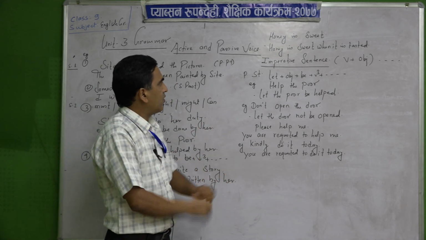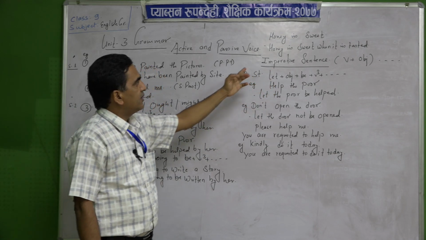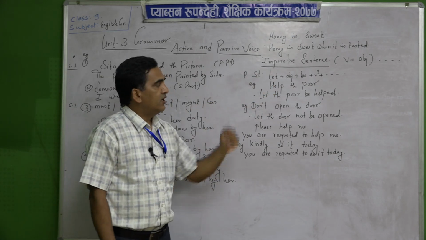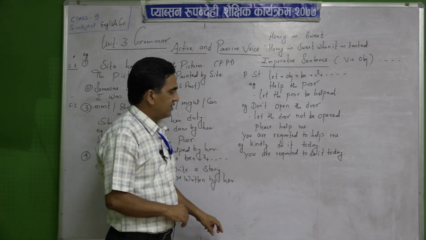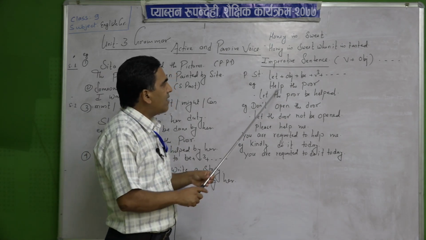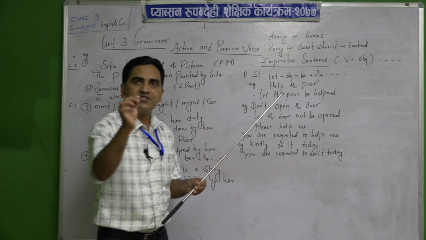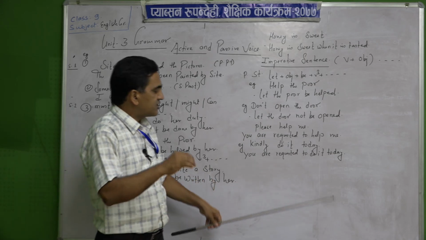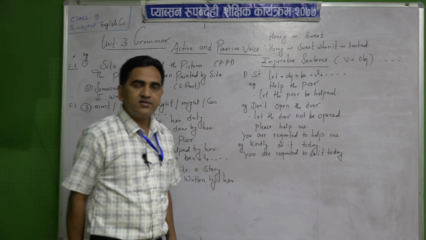Now I am going to teach you the next part, that is the imperative sentence. An imperative sentence starts from the main verb, just like help the poor. Help is a main verb. First of all, let me introduce the imperative sentence, my dear students.